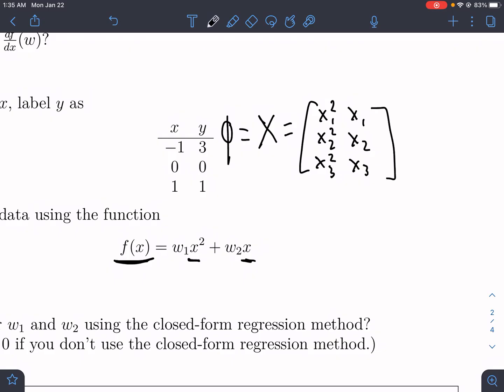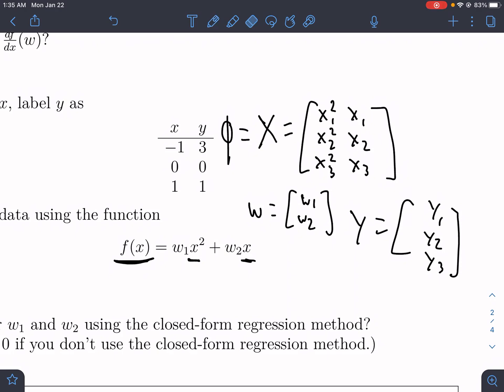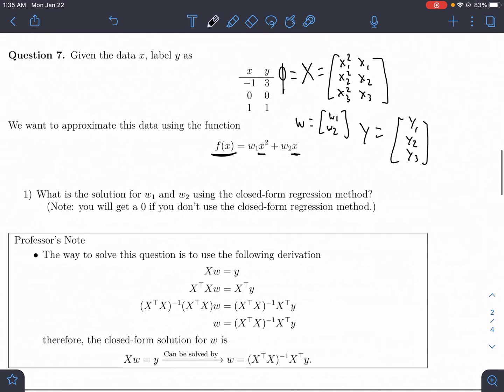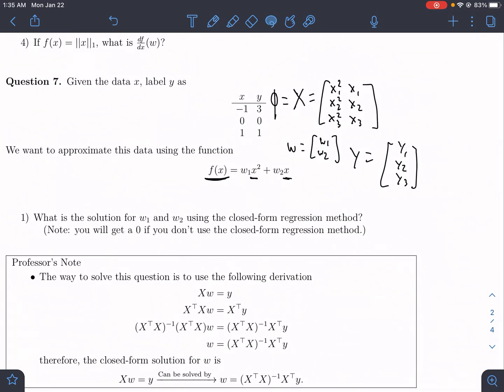We're going to have w equals w1, w2, and we're going to have y equals y1, y2, y3. Okay, that should be good.